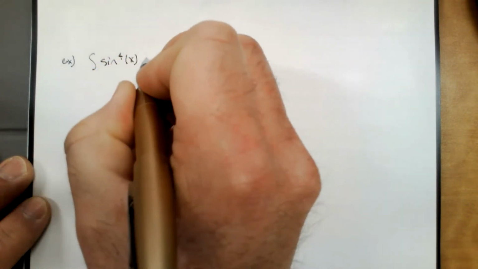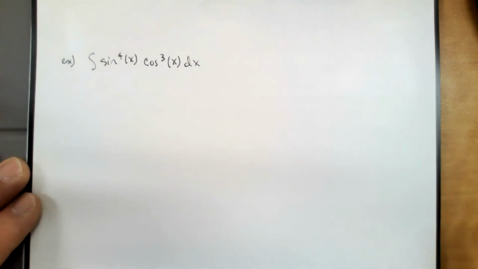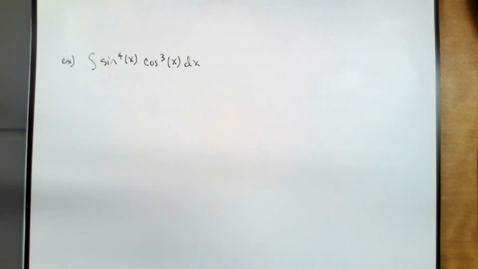I'm going to make a small change. I'm still going to have a sine to the 4th, but now I'm going to have a cosine to the 3rd x dx. In this case, we're going to make the same substitution.